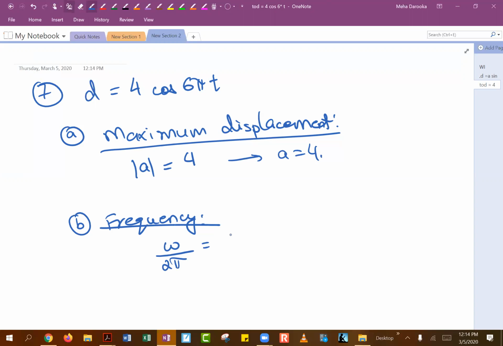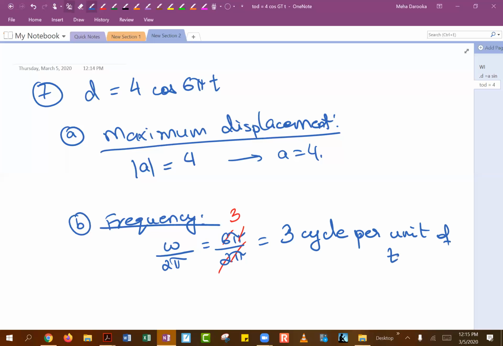Omega is, very good, that coefficient on the t variable. Pi and pi will cancel out. 2 goes into 6 3 times. And that's going to be cycles per unit of time. Again, we don't know what unit of time they are using.